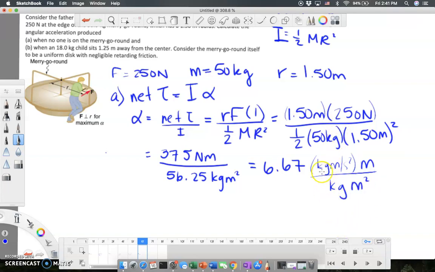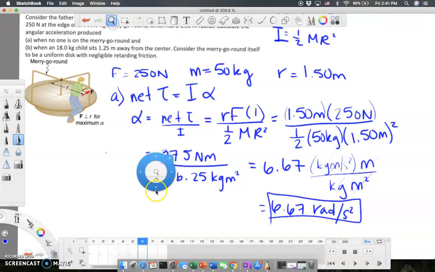As you notice, our kilograms cancel, all of our meters cancel, and we're left with just one over seconds squared, which just means radians per second squared. Remember that we kind of have to insert those radians here. So this is my angular acceleration in this first case.